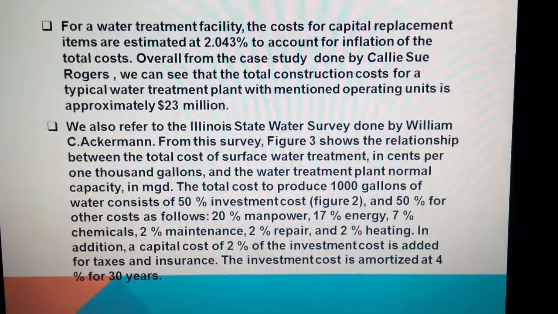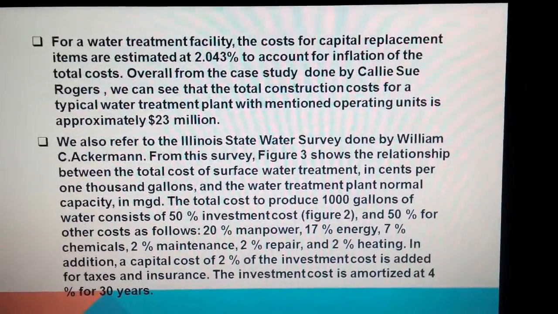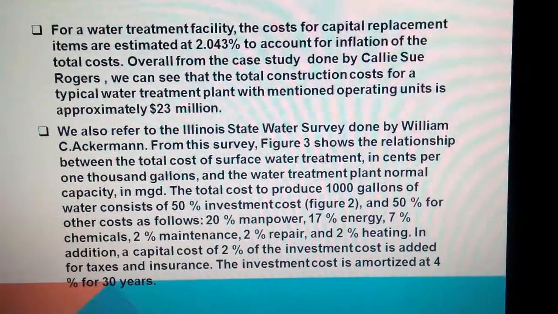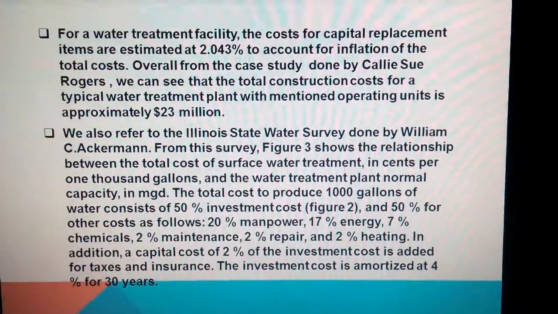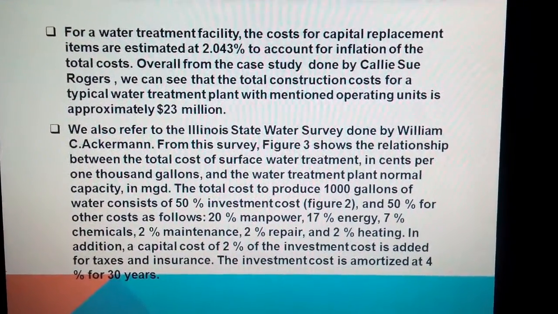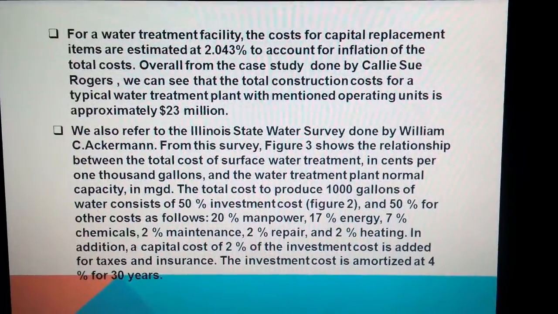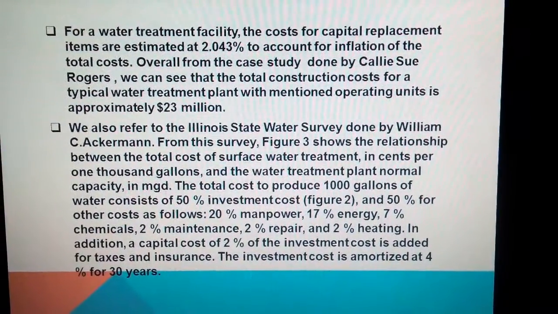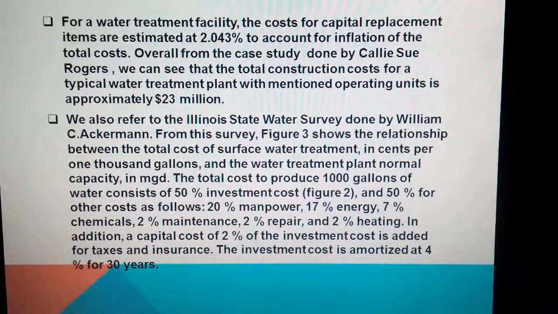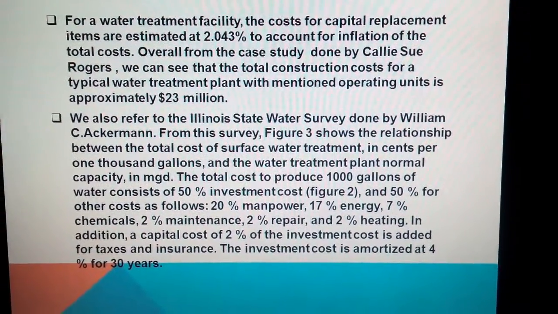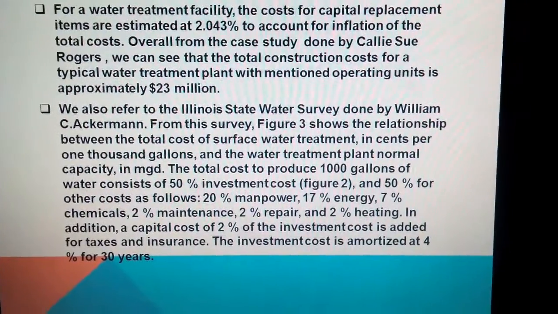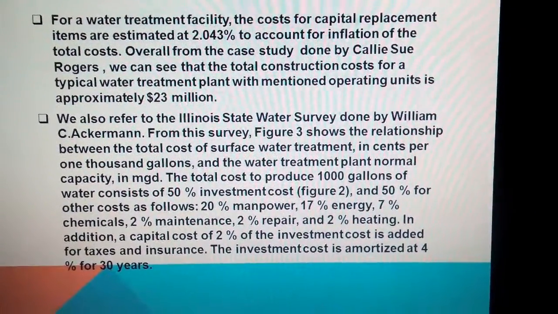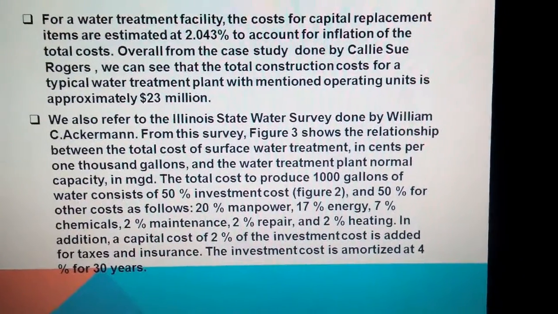For a water treatment facility, the cost for capital replacement items is estimated at 2.043% of the total cost to account for inflation. Overall, from the case study done by Kelly Sue Rogers, we can see that the total construction cost for a typical water treatment plant with the mentioned operating units is approximately $23 million.